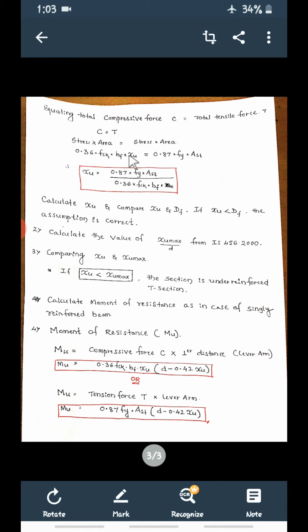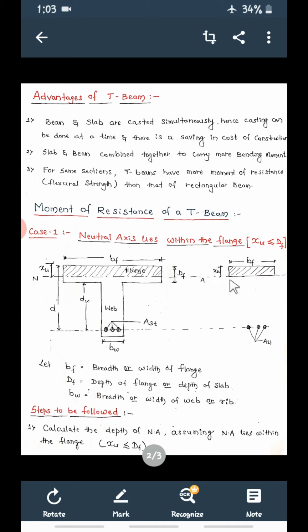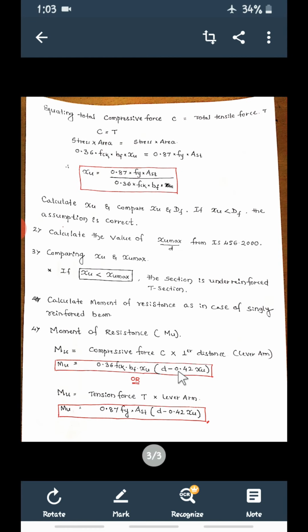This total is the compressive force C, into the lever arm, the perpendicular distance between this and this. The lever arm is D minus 0.42 XU.